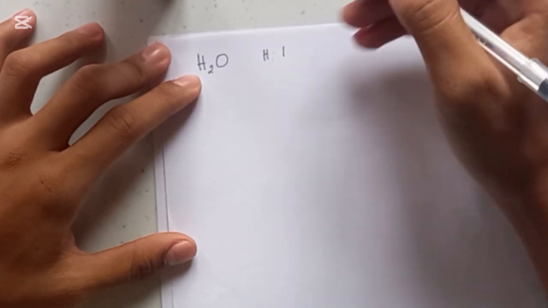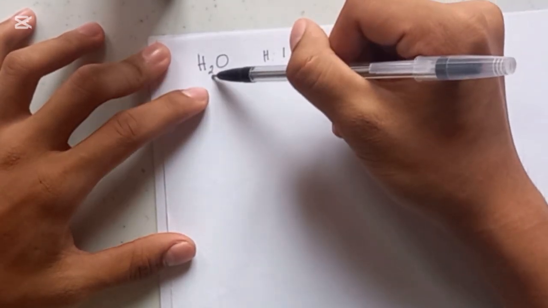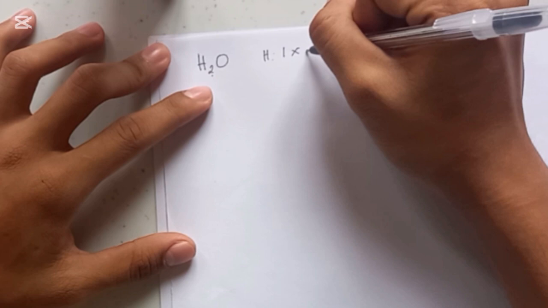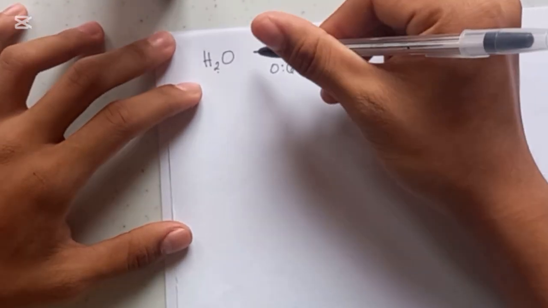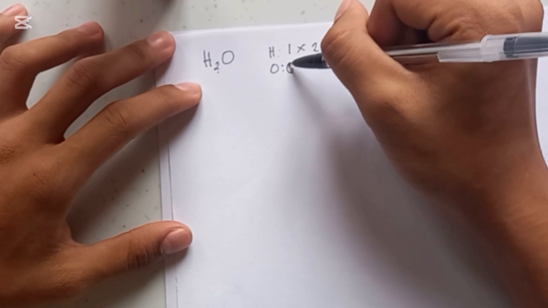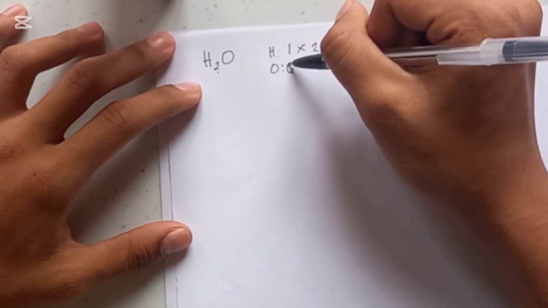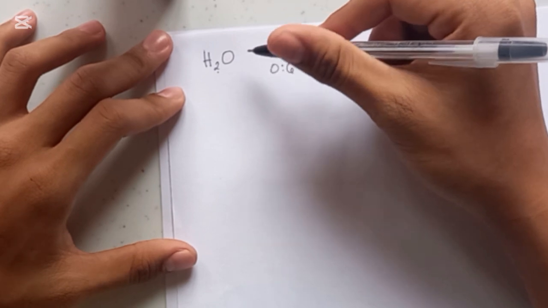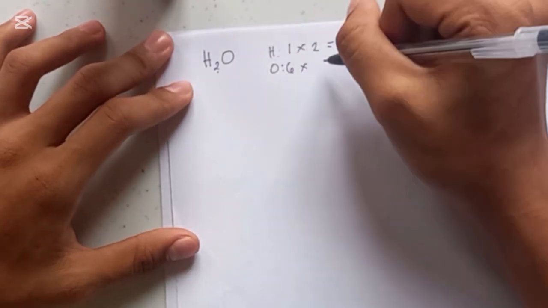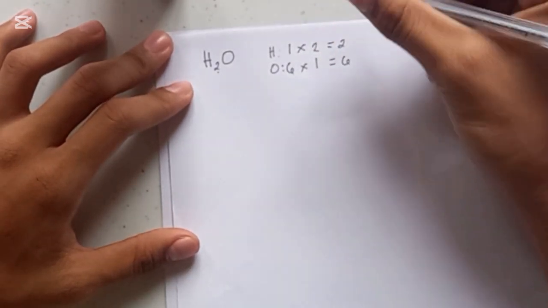And since it has 2 atoms in this molecule, you multiply it by 2, giving us 2 electrons. Oxygen belongs to group 6, meaning that it has 6 valence electrons. And since it only has 1 atom in this molecule, you only multiply it by 1, giving us 6.